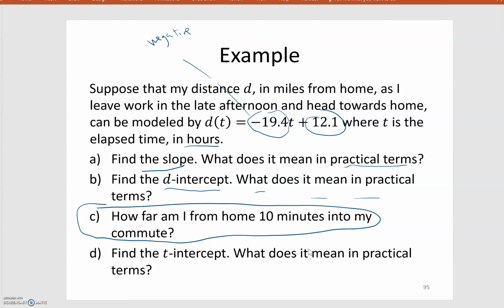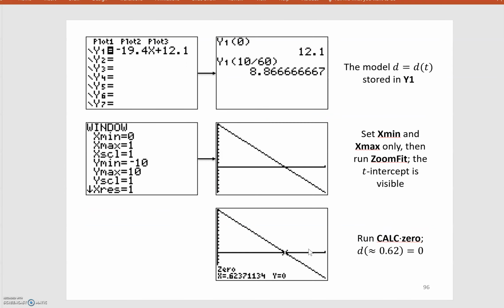Okay, well, one potential mistake you might make here is your time unit. This is in minutes, but the function is in hours. So 10 minutes is what? That's 1/6 of an hour, right? It's 10 over 60 of an hour. So remember that that's going to be your unit in hours that we actually will use for this. This is an input to the function, and so we just want to evaluate the function y1 at 10 over 60, or 1/6 if you prefer to simplify that. And that's what's happening right here.